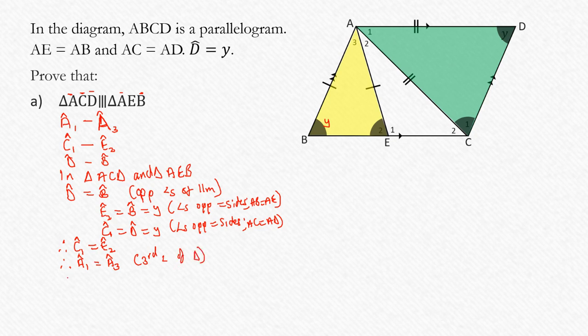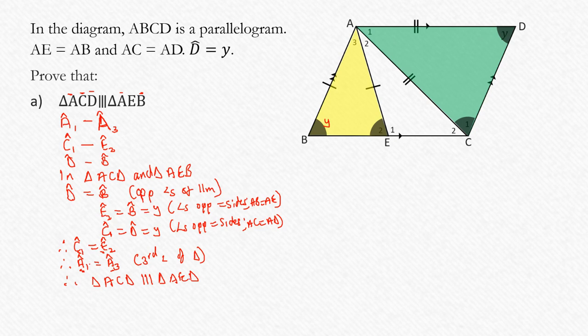Right. And then therefore triangle ACD is similar to triangle. If you check here, A goes with A, so it's angle A there, and then C goes with E, so it's E there, and then D goes with B, it's D there.